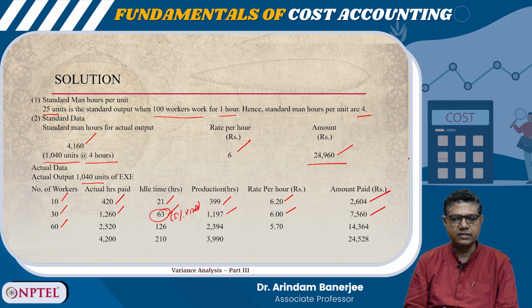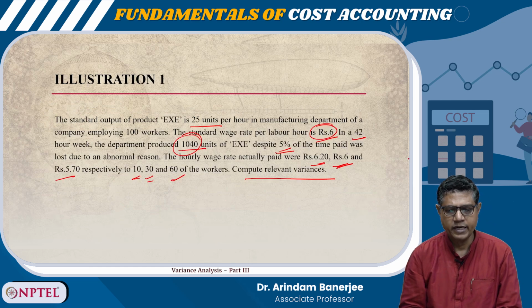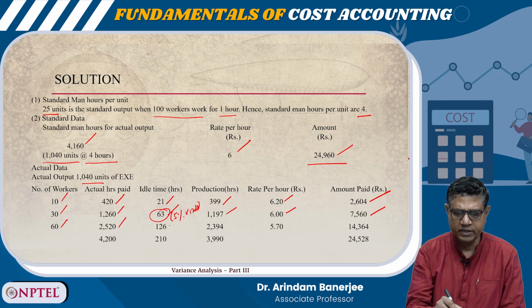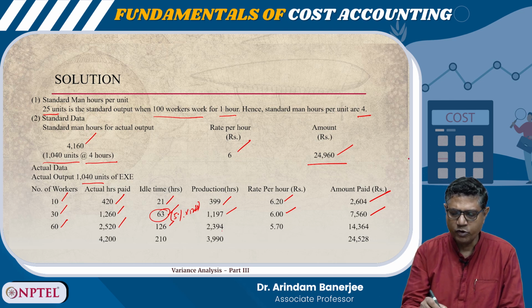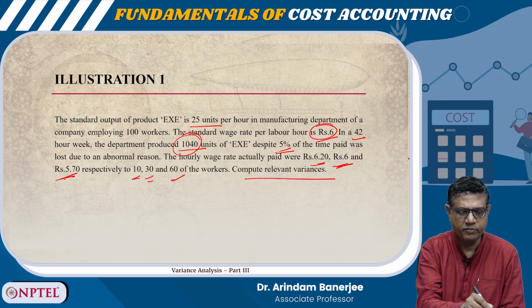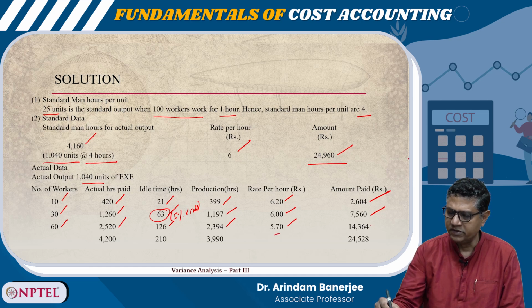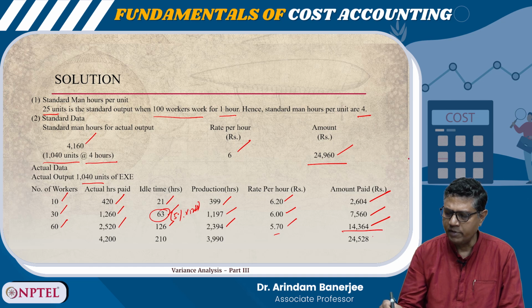For 60 workers, the actual hours paid is 2520, and idle time is 126, which is 5% of 2520. Production 2394, rate per hour is given as 5.7. If I multiply this, I should get 14,364.